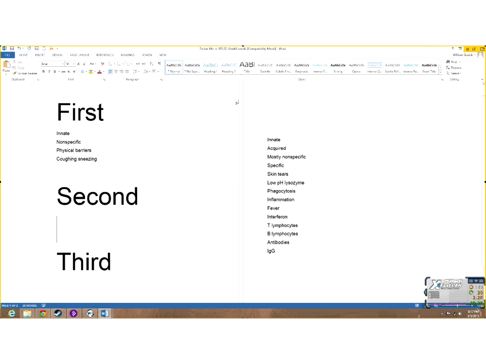Okay, so what about the second level, or second line? I keep on wanting to say level. Mostly non-specific.